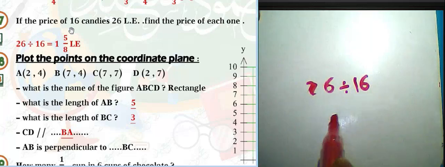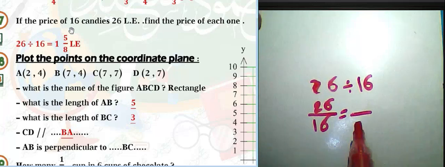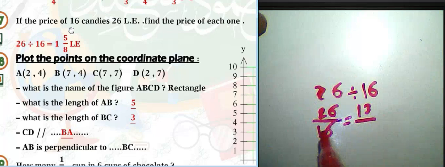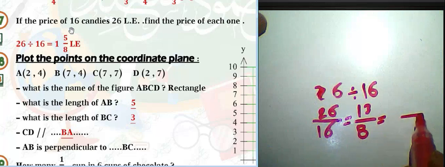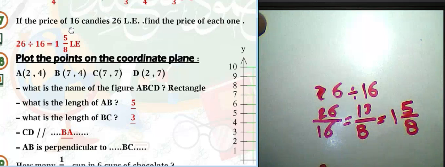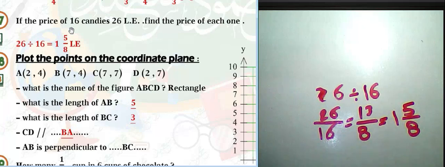So 26 divided by 16 equals what? We can simplify it by dividing by 2. 26 divided by 2 equals 13, and 16 divided by 2 equals 8. Write it here. 1 times 8 equals 8 plus 5 equals 13. So the price of each one equals 1 and 5 over 8 lira.